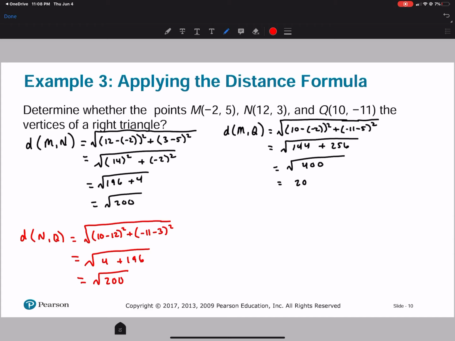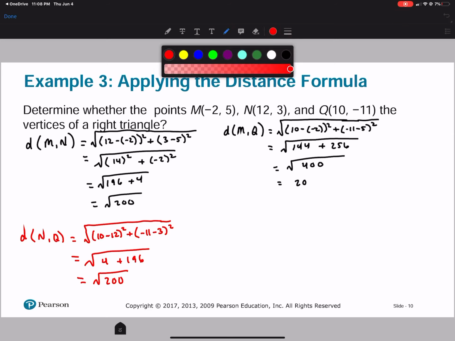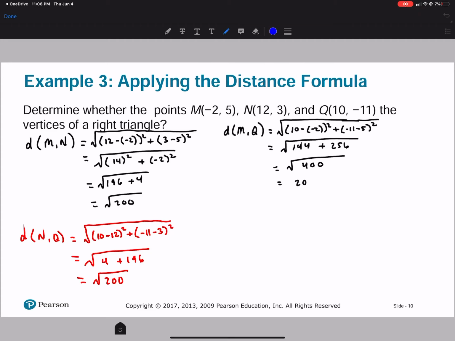Now, the way that you figure out if this is a right triangle or not, I'm going to use blue this time. Your two lowest ones, if you square them and add them, they should equal your highest one.